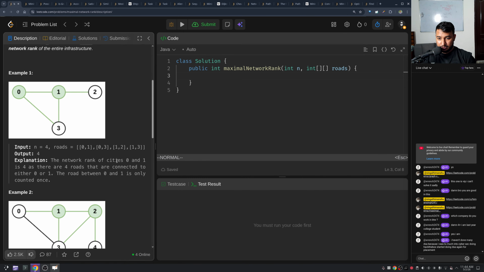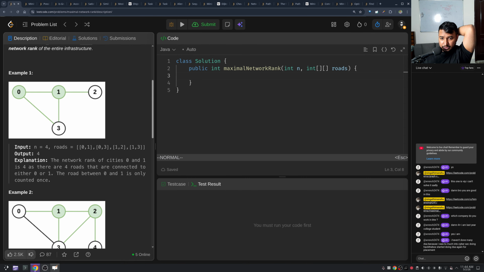The network rank of cities 0 and 1 is 4. Okay. As there are 4 roads that are connected to either 0 or 1. I don't understand this problem very well, but let's try to read through this explanation.